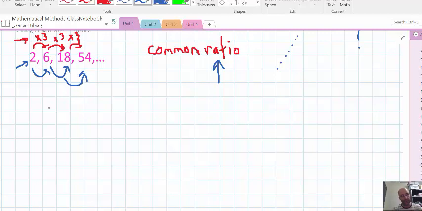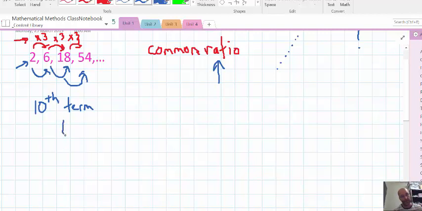Let's go back to the geometric sequence we saw just before, and let's find the 10th term. You could do it the long way, but let's do it using a more advanced mathematical method, because I could ask for the 100th term, right?